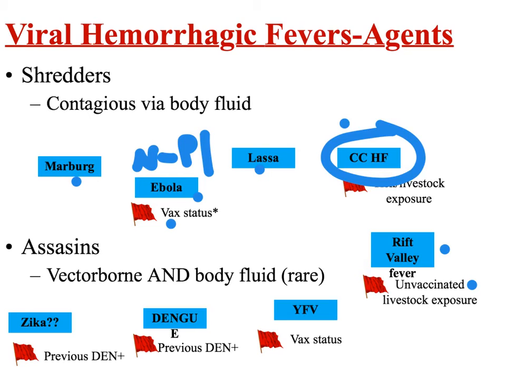Again, where you find this in the world is in parts of South and Central America and now North Africa. Once again, your flag to look for this is a patient's vaccine status.